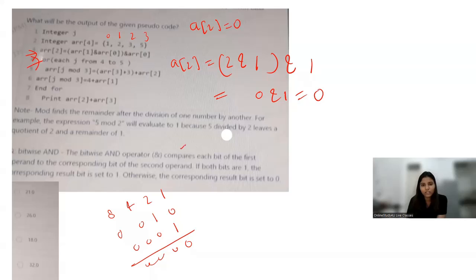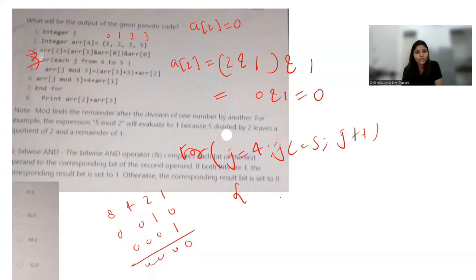Here there is a for loop and it will run from j equals 4 to 5, so 4 to 5 with j plus plus. In that, what we are doing, just a minute: array of j mod 3. Mod means the modulus operator, which is useful for finding the remainder. So j mod 3.